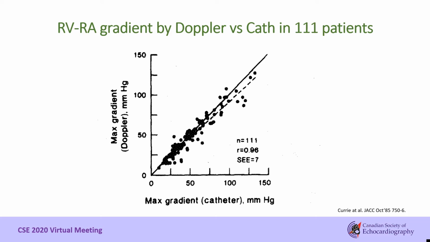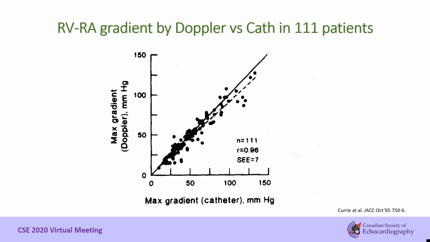We showed that there was very tight correlation between these two measurements, with an R value of 0.96. But there are many other studies that did not show such a tight correlation. And there are several reasons for that.